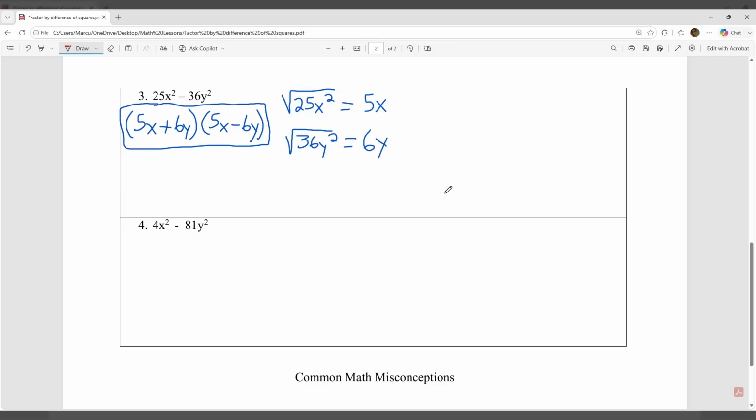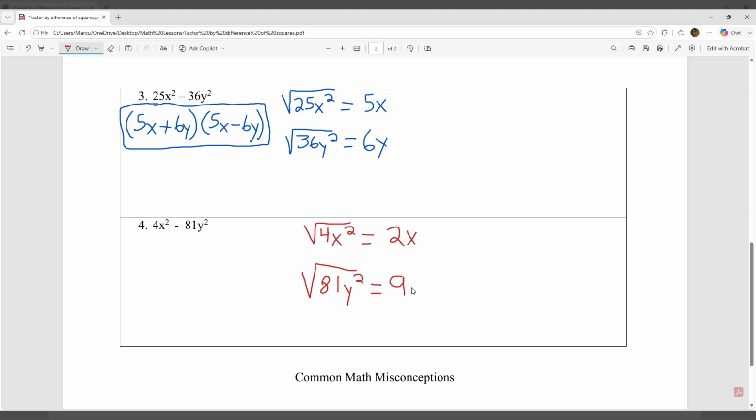Welcome back, everyone. We're going to proceed to question 4. Now we're going to do the square root of 4x squared. The square root of 4 is 2. The square root of x squared is x. And then we have the square root of 81y squared. The square root of 81 is 9.